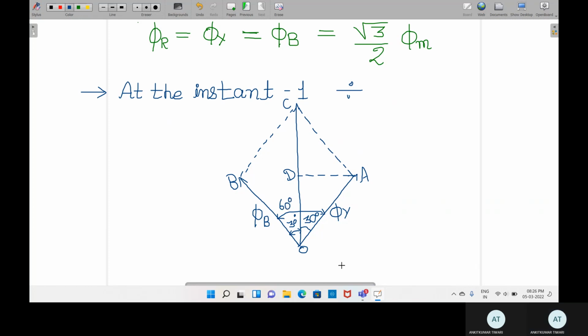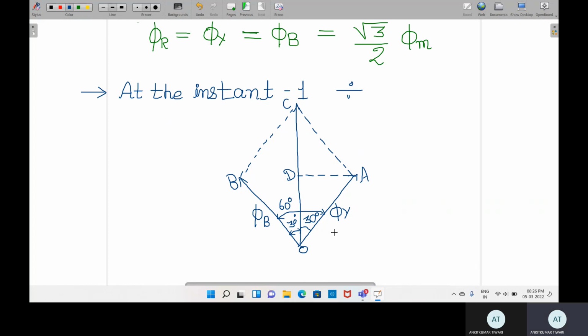Now, as we see from the resultant, it seems that OC is the resultant vector. OC is the resultant of the two vectors, OA and OB. In simple language, I can say that OC is the summation of OA and OB, but it is not a plain summation. It is a kind of summation.